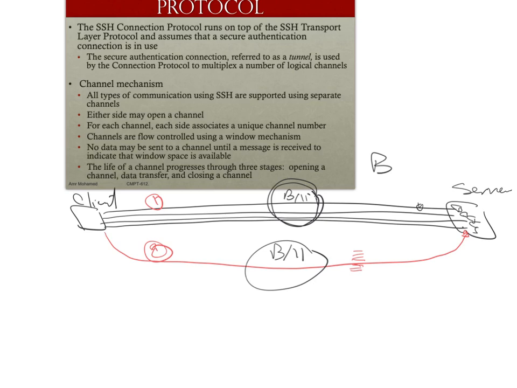And on top of this, when we talk about security, I have to establish a different security context for each of these connections, which means that the set of keys, the 6 keys that we talked about, have to be established separately for each of these connections. Of course, this is a big overhead.